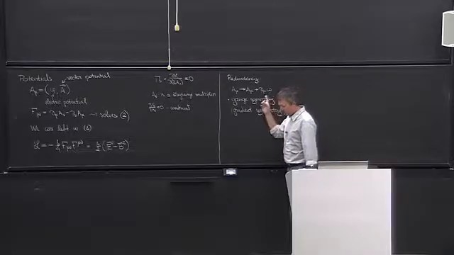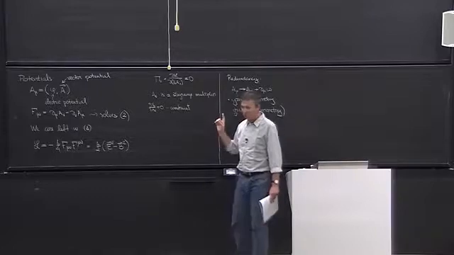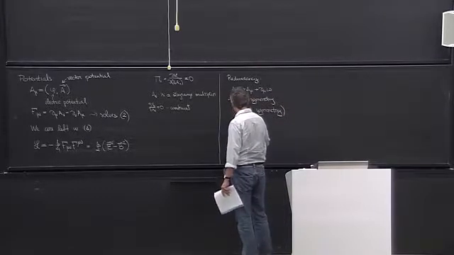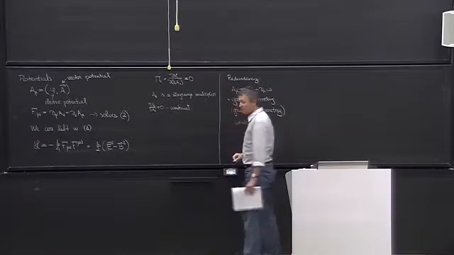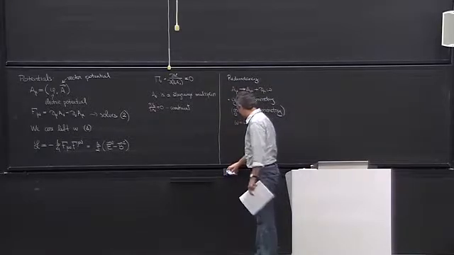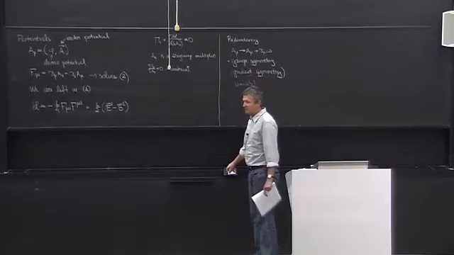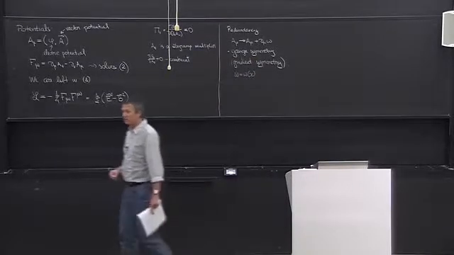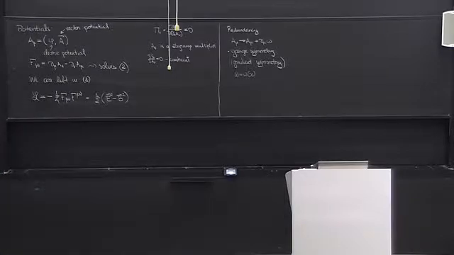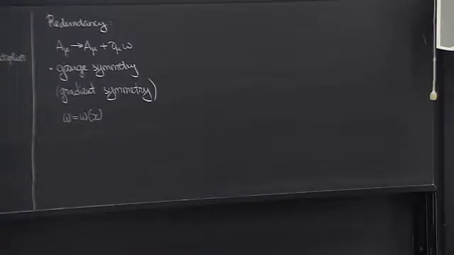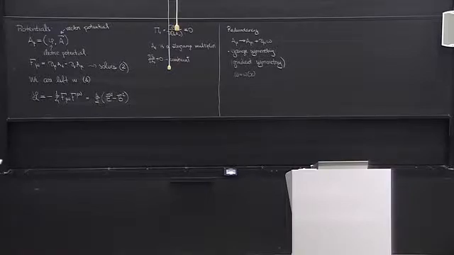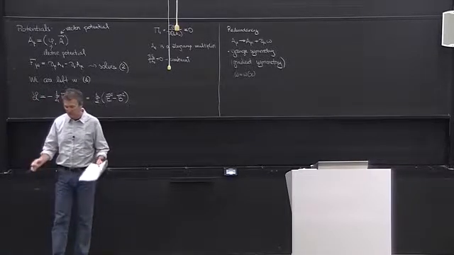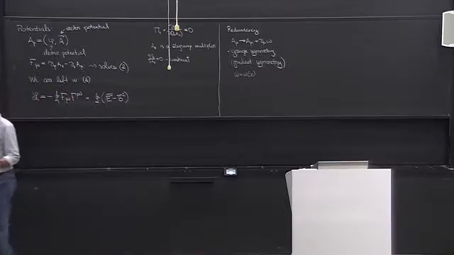Now, the symmetries that we studied before were a little bit different, because here omega is an arbitrary function of space-time coordinates. So the symmetries that we studied before are usually called global symmetries, in the sense that the parameter of transformation was either independent of x, or if it depended on x, it was a very definite fixed function of x, like for Lorentz transformations.